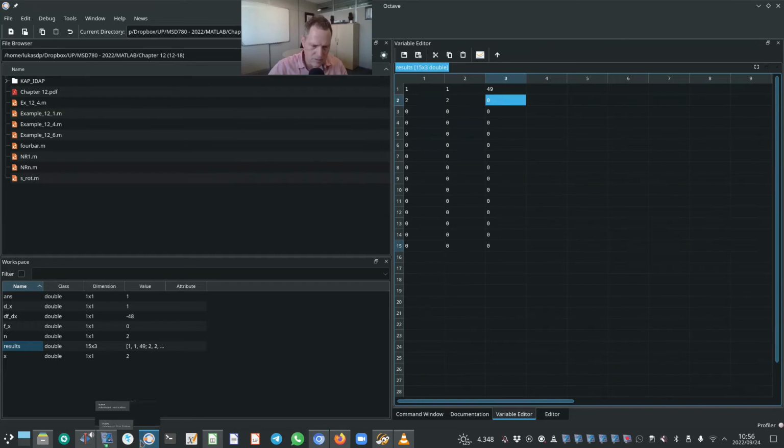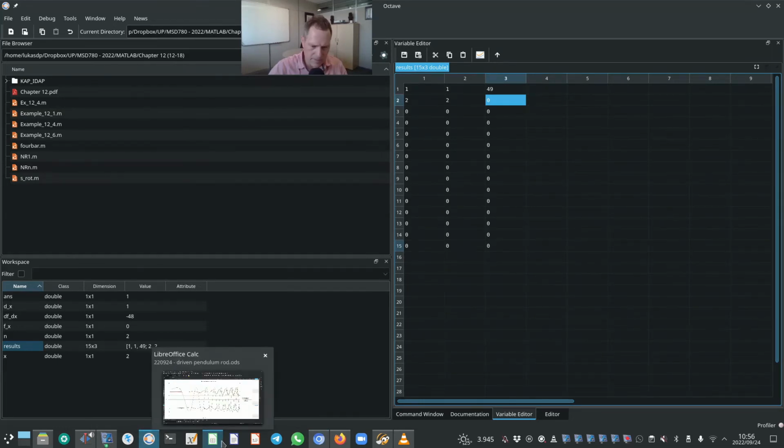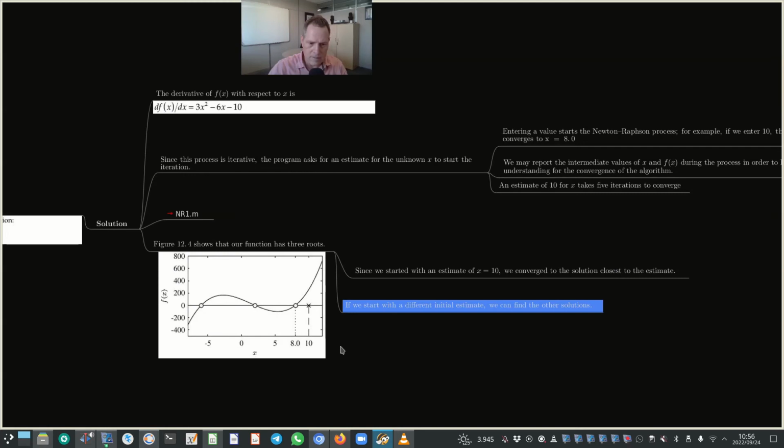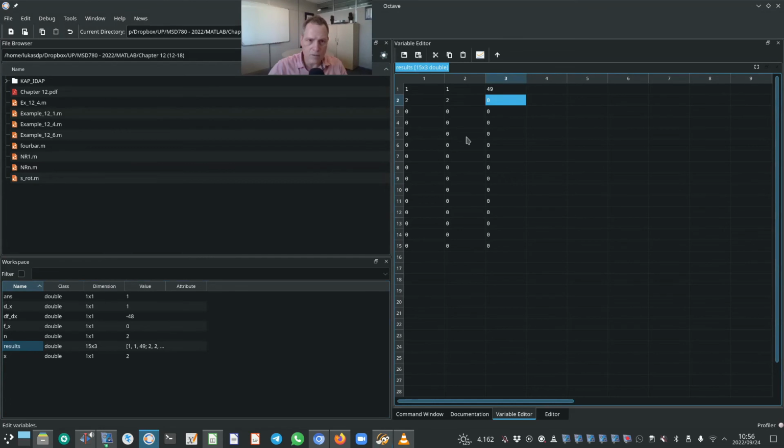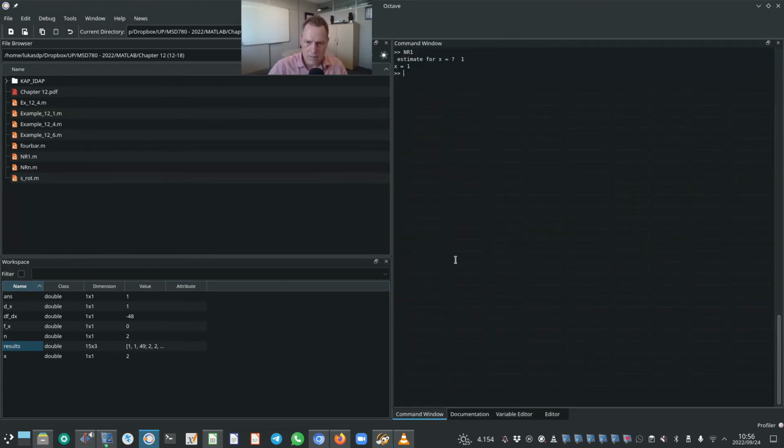Let's just see if we can find this root over here. This is approximately minus 6, so let's start with a minus 5. If I go back to Matlab or Octave, command window, I clear, I clc, and I say Newton-Raphson 1, minus 5.